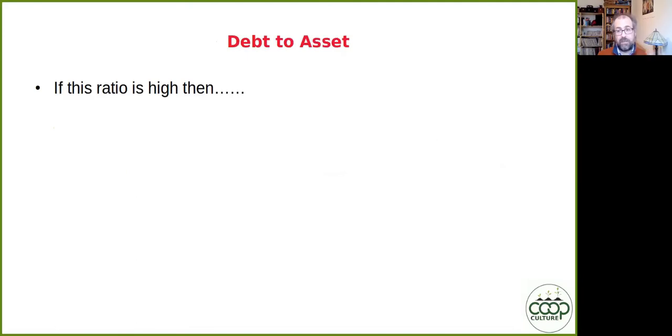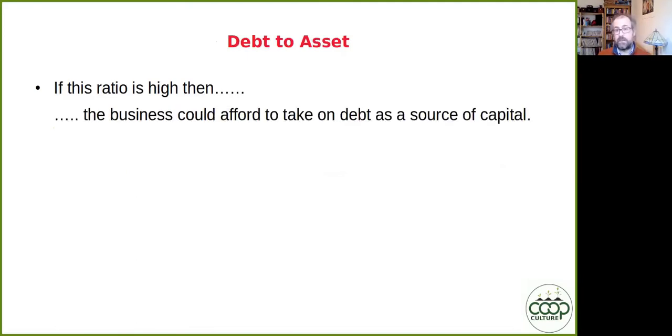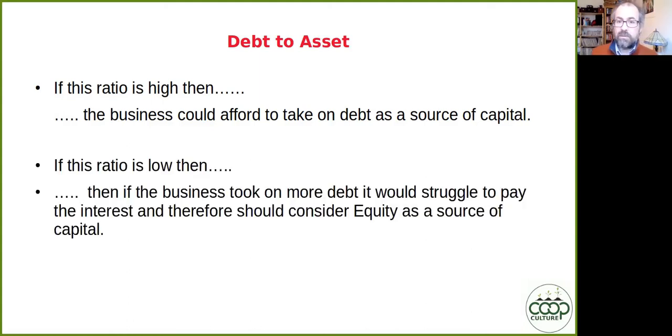It's really simple. If this ratio is high, then we can afford to take on debt as a source of capital. We have got much more earnings than we are paying out as interest. If it is low, then we will struggle to pay more interest if we took on more debt.